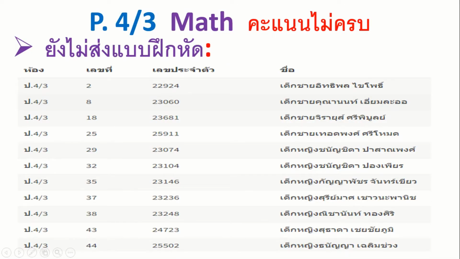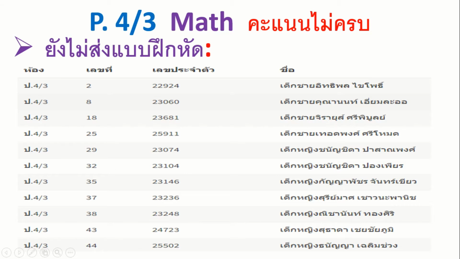Okay, 4/3. This is your incomplete scores. Those students did not send the exercises in the Swiss. Okay, these are the students. Number 2, you have here the number, then your ID number, and then your name.